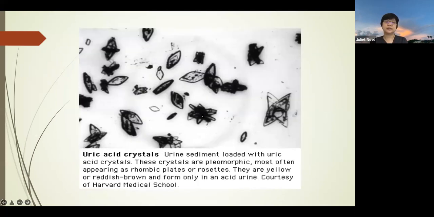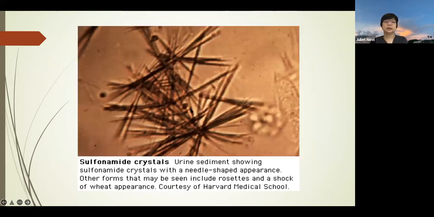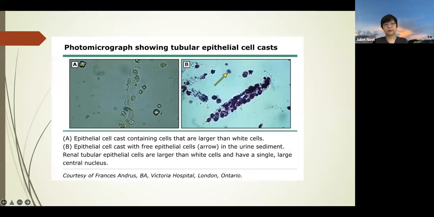These are uric acid crystals. Patients who take sulfonamide might have precipitation of sulfonamide, and it would look like this, a rosette. Look at this epithelial cell.